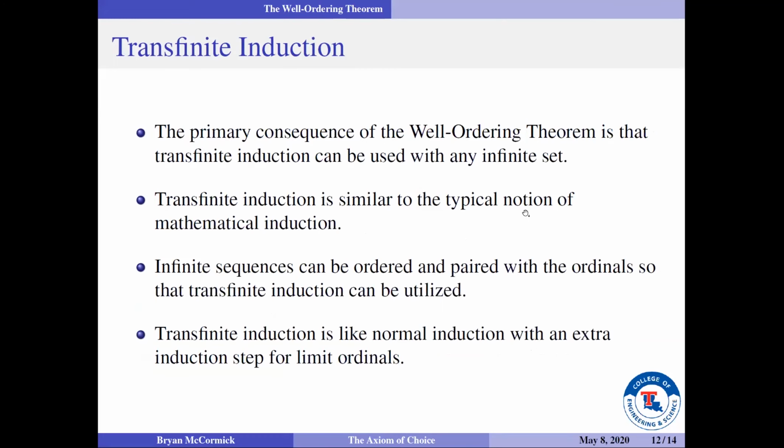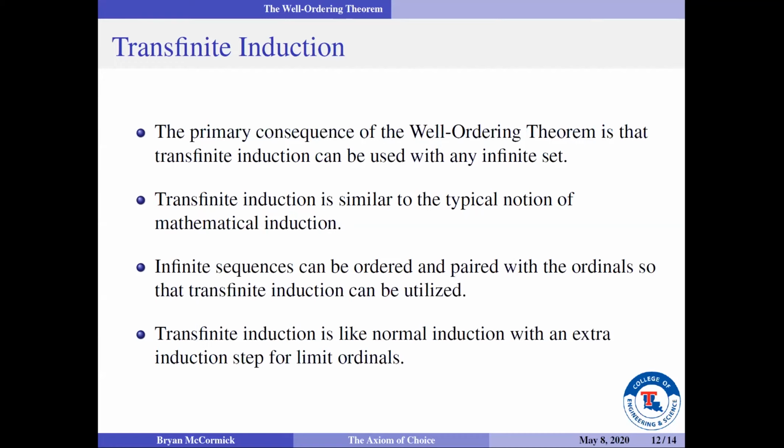And we use ordinal numbers in transfinite induction. Transfinite induction is the primary consequence that I've found of the well-ordering theorem. It's the most used that I found, and it can be used with any infinite set. Transfinite induction is similar to the typical mathematical induction that you use in your first proof class of mathematics.